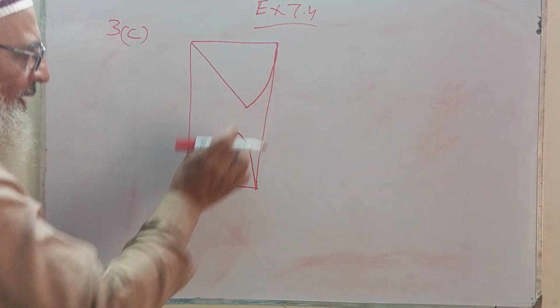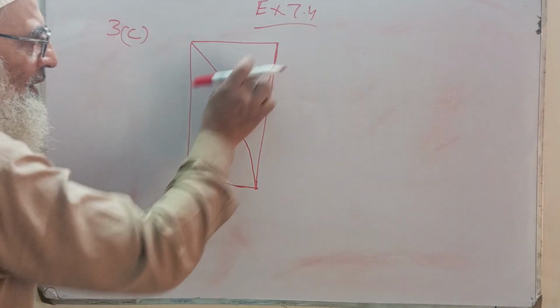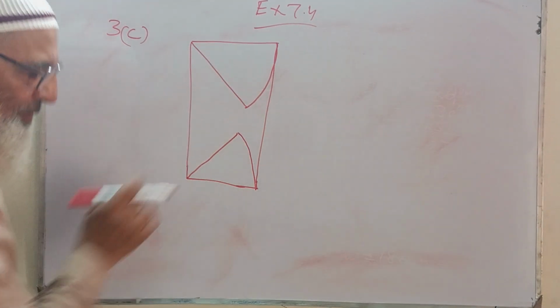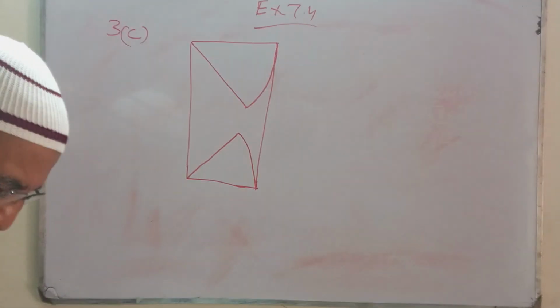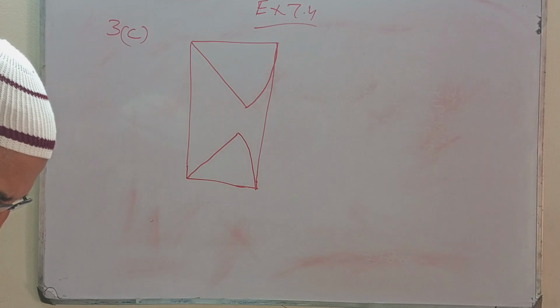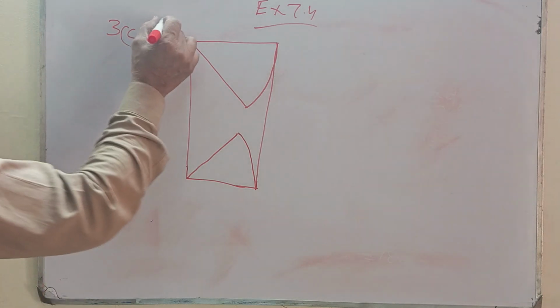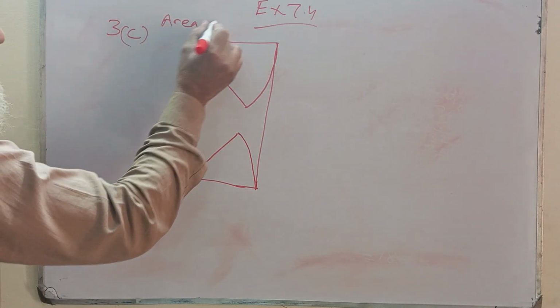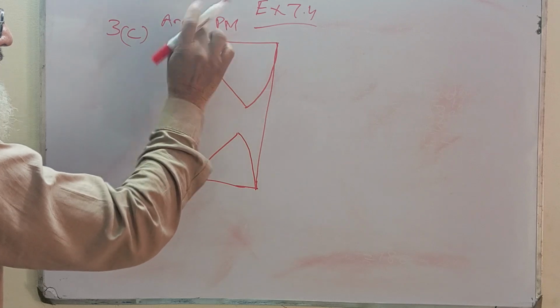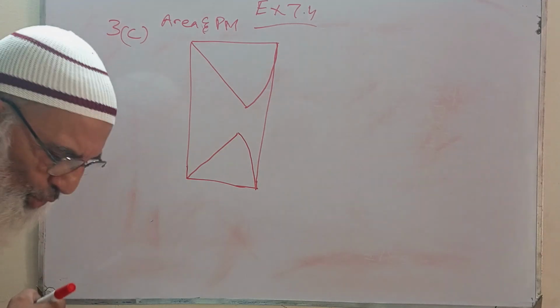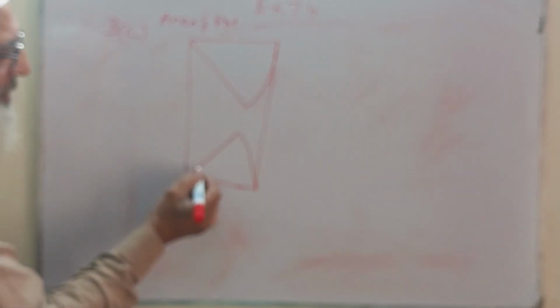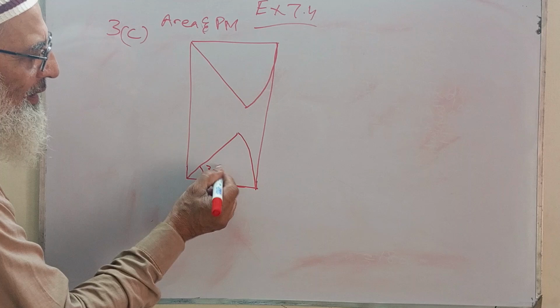Now the portion left after making these sectors, we have to find its area and perimeter, both. Now what are the dimensions given? Both of the angles are 30 degrees.